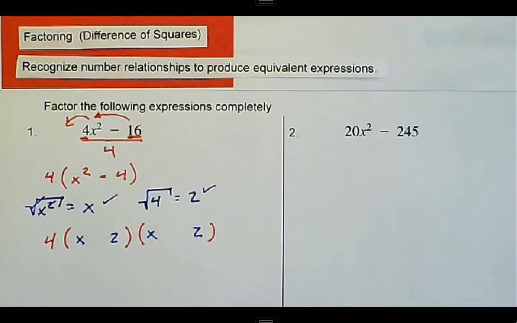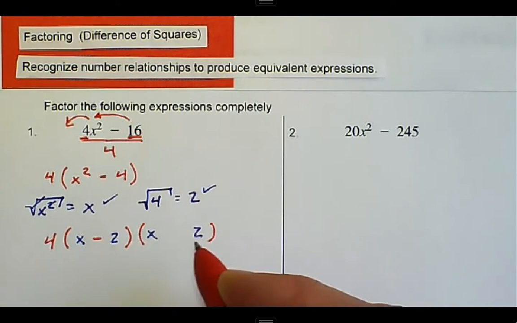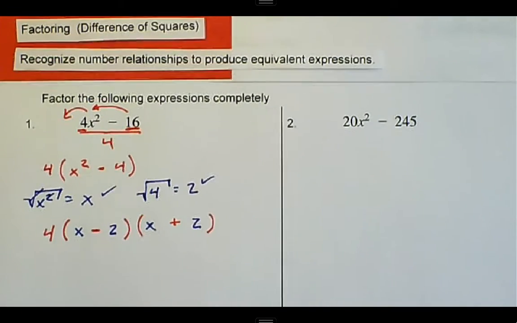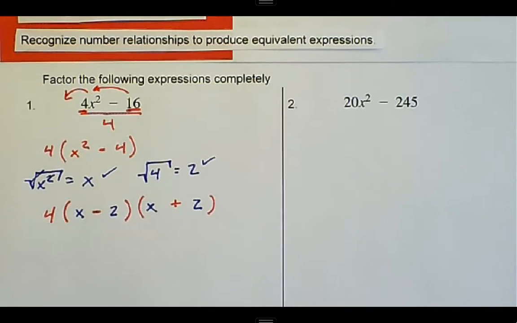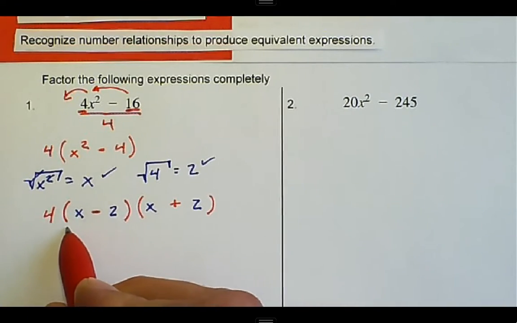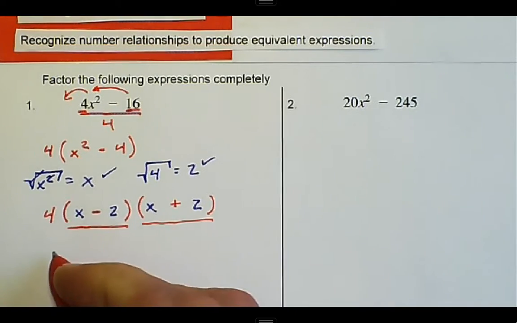We're going to join these by opposite signs: minus in the first one and plus in the second one. And what that does is make it a conjugate pair. In this case, we're talking about x minus 2 and x plus 2.